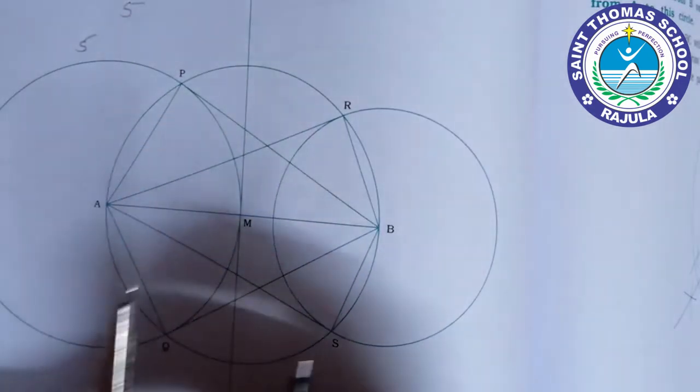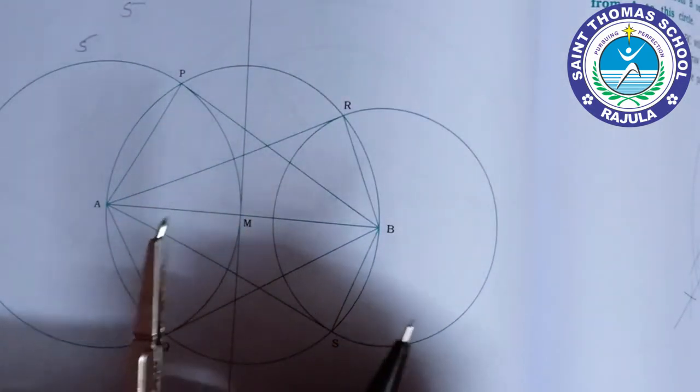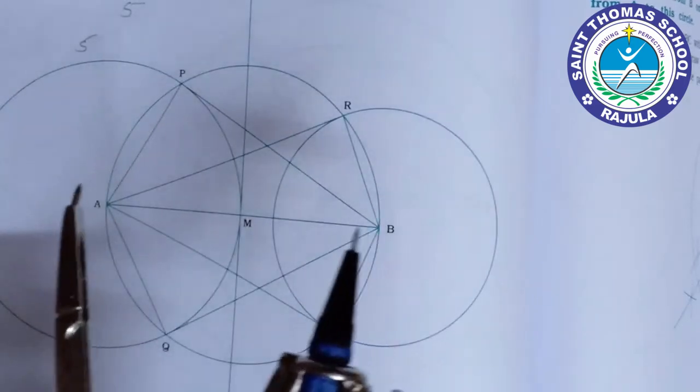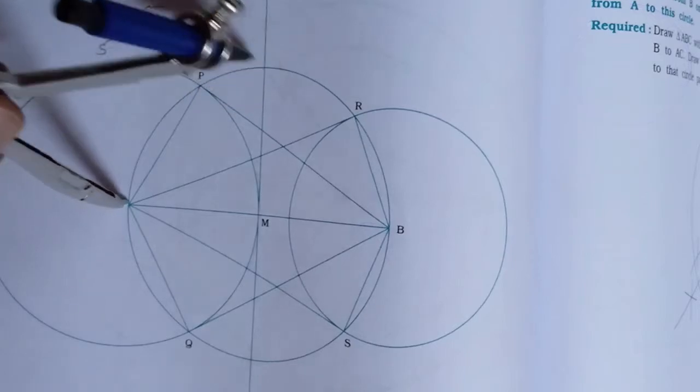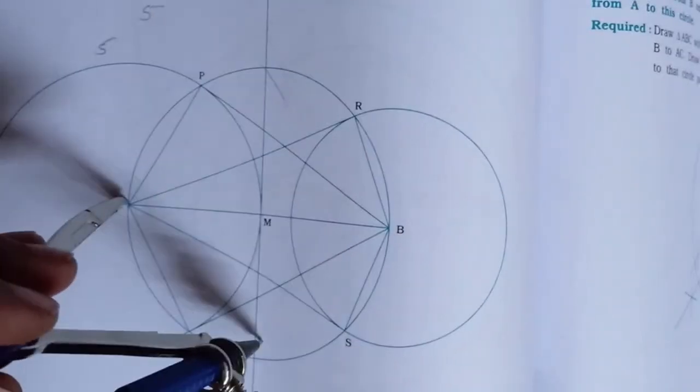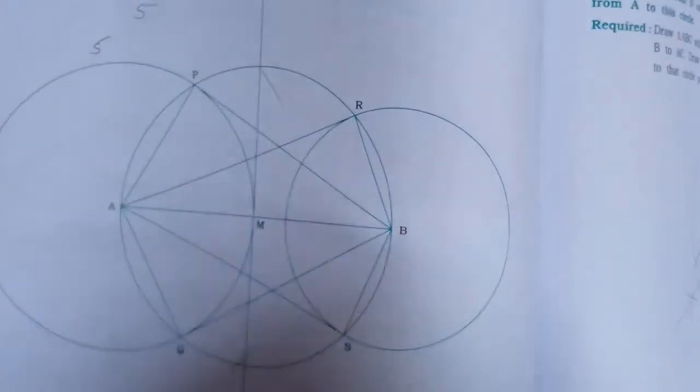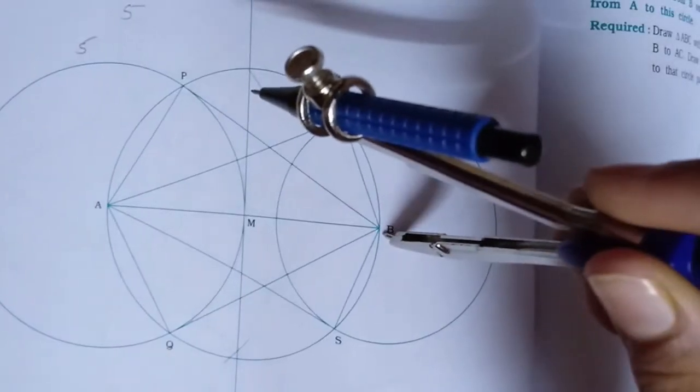Now draw a perpendicular bisector of AB. So we take an arbitrary radius on the protector, center at A, draw an arc above and below. Same way, center at B, draw an arc above and below.